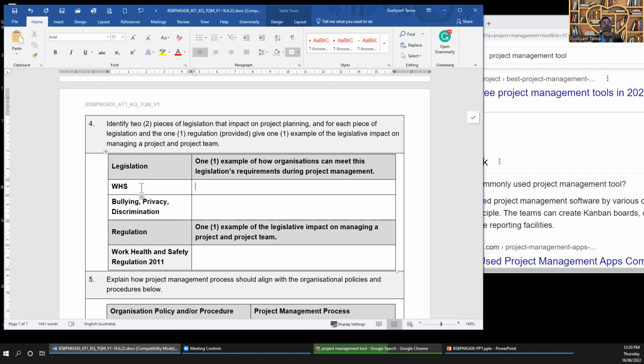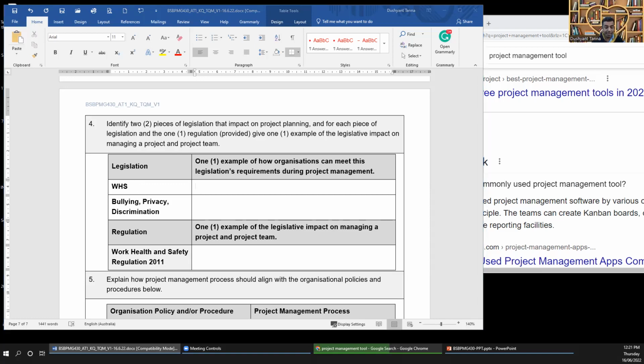Follow the hierarchy of risk control: elimination, substitution, engineering control, admin control, or PPE. So you're meeting WHS requirements by having safety signs, fire exits, fire extinguishers, ventilated space, all that kind of thing. You're just writing that and providing information in the project document.